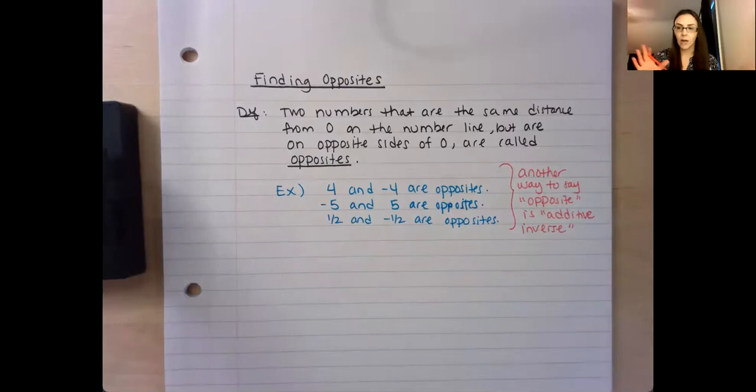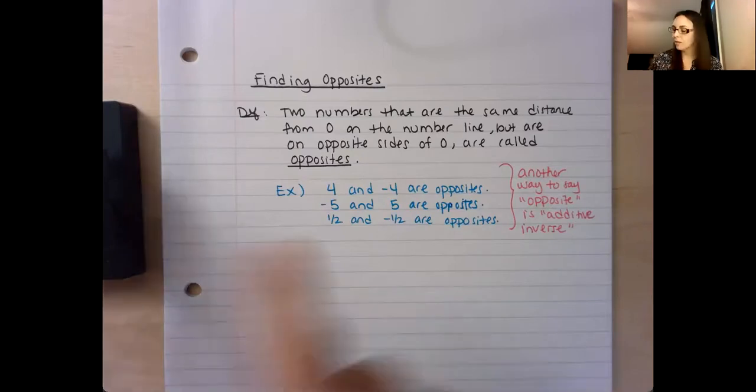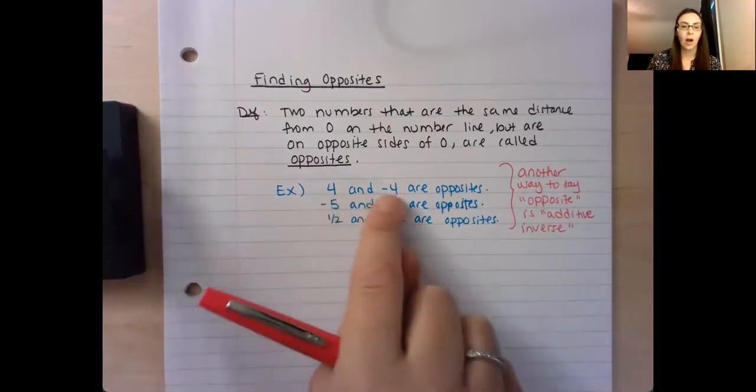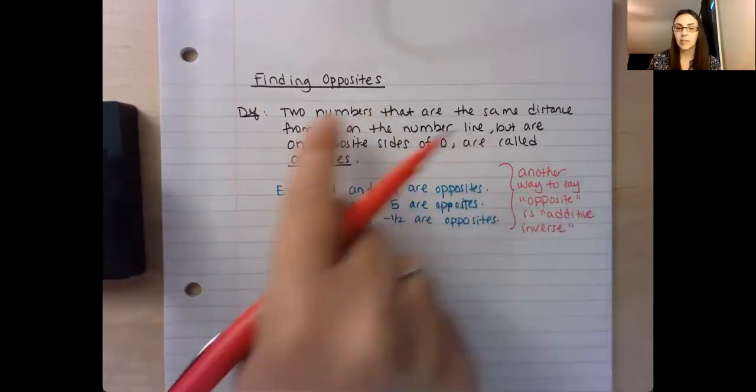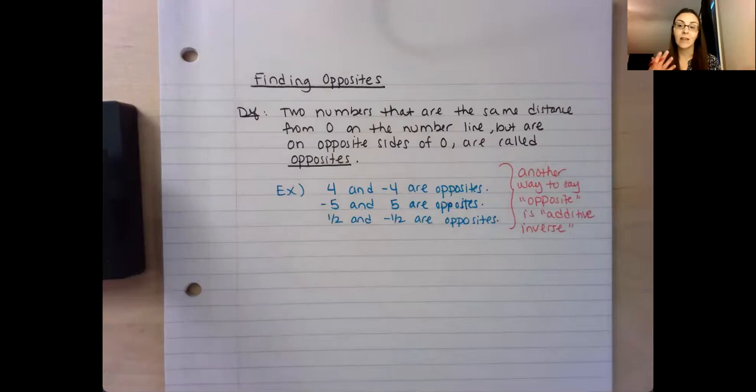There are all different kinds of opposites, right? The opposite of multiplication is division. The opposite of addition is subtraction. Here, these are opposites because they are the same distance from 0, but have different signs. One's positive, one's negative. So in math, there are a lot of different kinds of opposites. Another way for this specific style to say opposite is additive inverse. That's the more formal way.